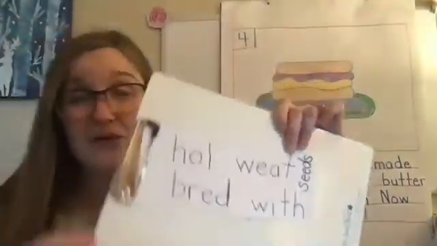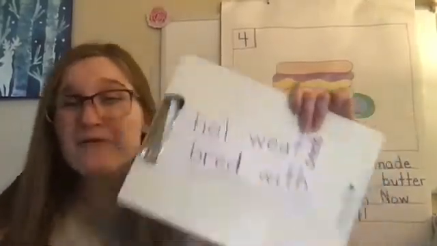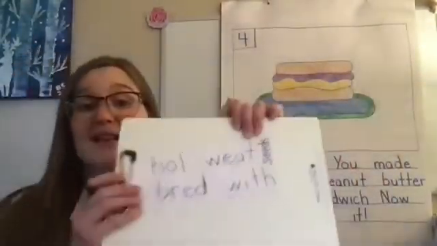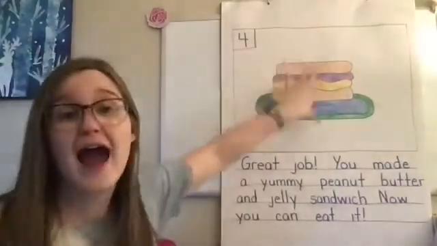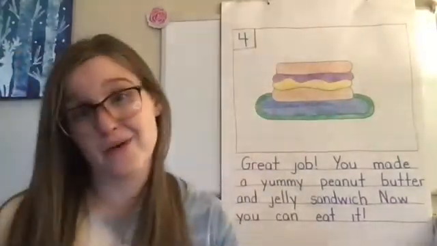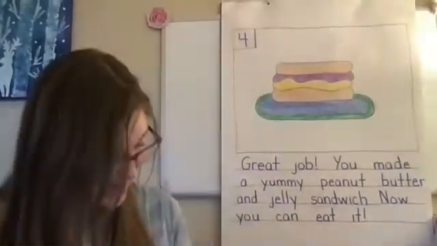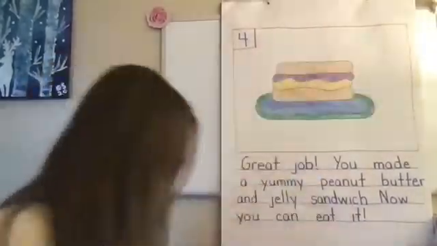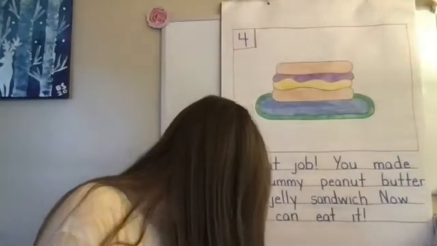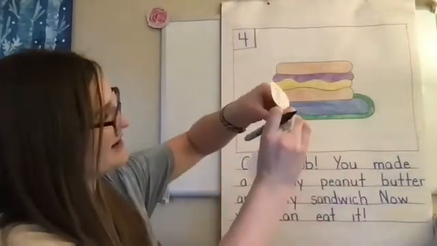All right, friends, did you see how I used everything I knew to make a label that I could add to our how-to story about how to make a peanut butter and jelly sandwich? So now I'm going to take my label and put it right onto my diagram.